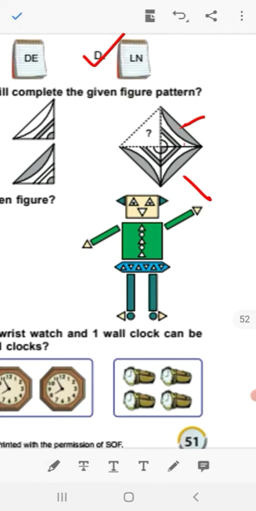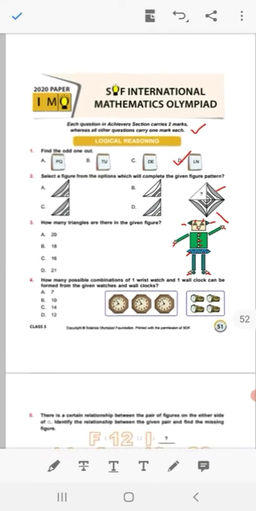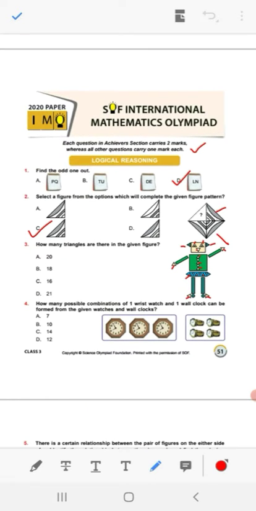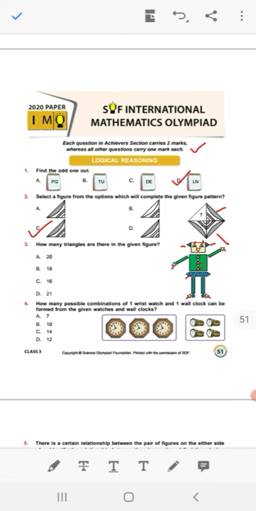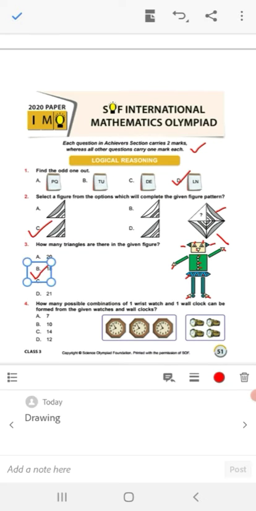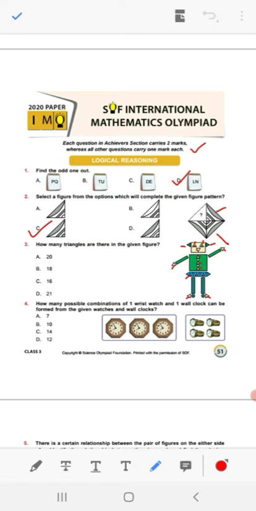No other triangles. Total 18 triangles we are getting from the figure. So option B is correct here. Pass to question number 4.